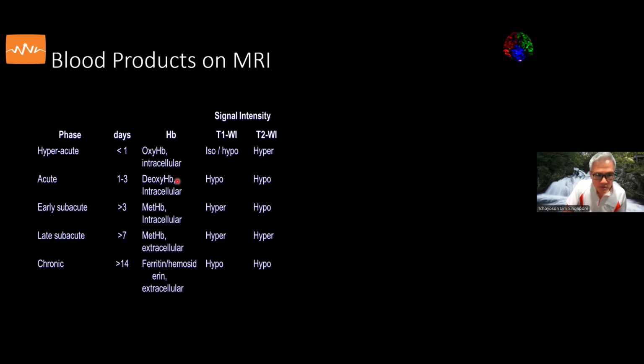In the acute and the hyperacute, sometimes we do not come across them, as patients are very seldom scanned in this situation. And the combination of the signal intensities allows us to detect the blood products.